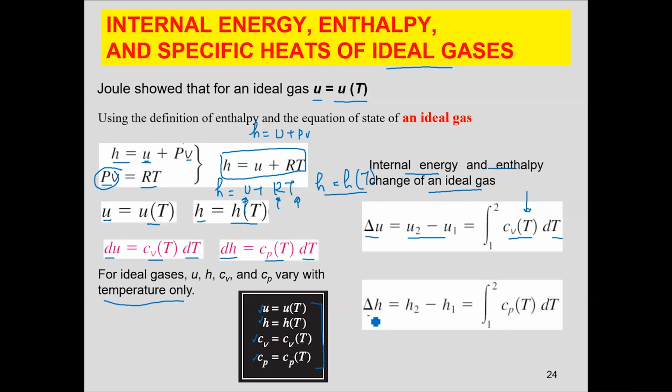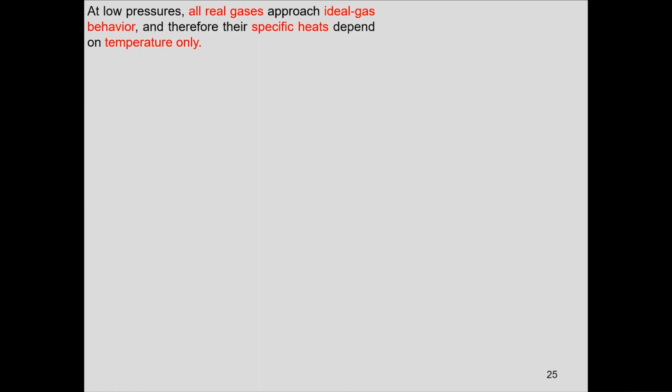Similarly, enthalpy change of an ideal gas could be expressed as the integral from 1 to 2 of Cp dT, where Cp is a function of temperature only. So far, is it clear, or is there any doubt? This was for the ideal gas.